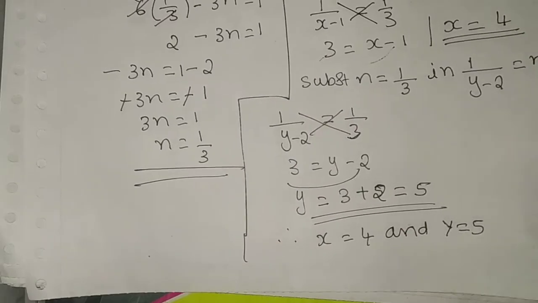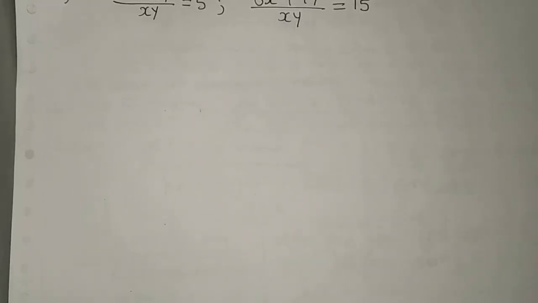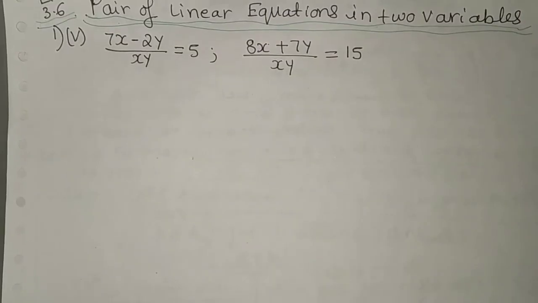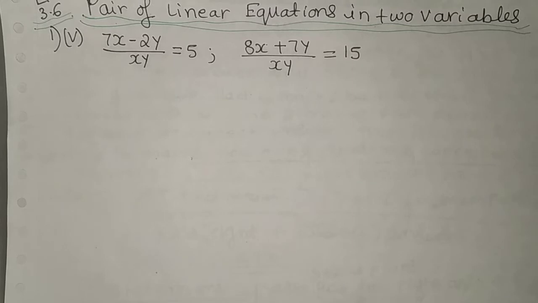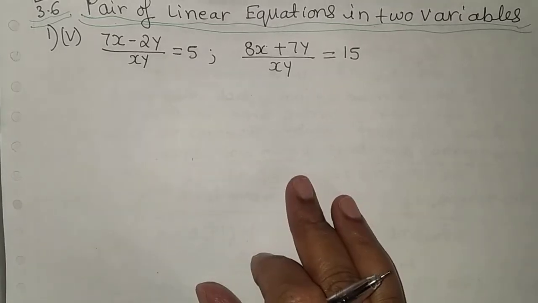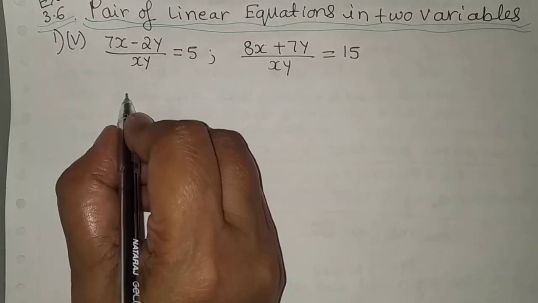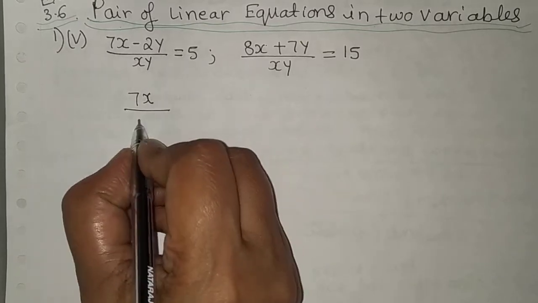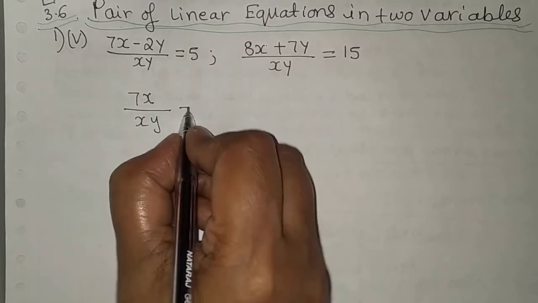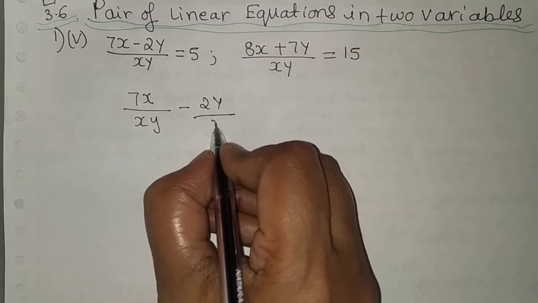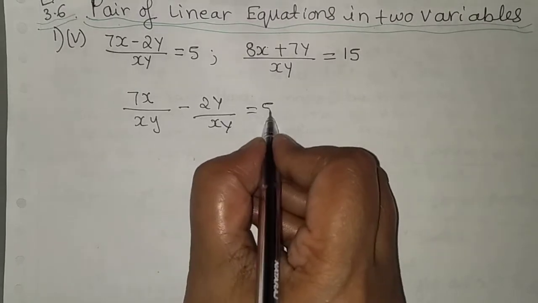We move on to the fifth one. So the fifth problem is this one. This is also in the fraction form. First we have to convert this. Take the above equation, just write 7x by xy minus 2y by xy is equal to 5.